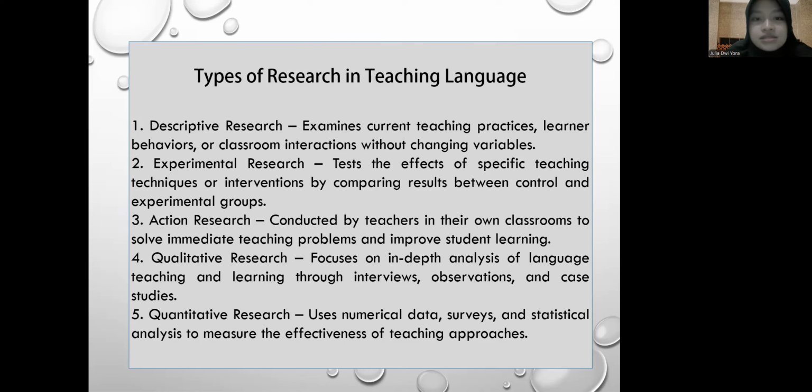This examines current teaching practices, learner behaviors, or classroom interaction without changing variables. And the second one is experimental research. This tests the effects of specific teaching techniques or interventions by comparing results between control and experimental groups.